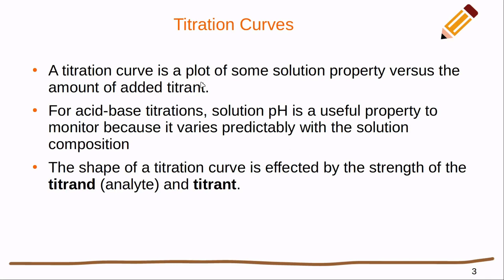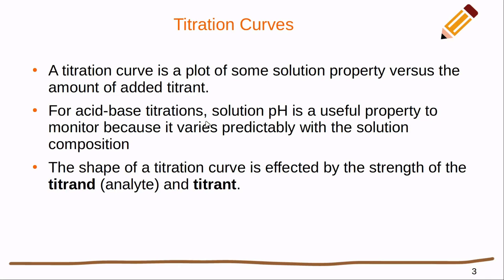So a titration curve is a plot of some solution property versus the amount of added titrant. So we're going to measure some property that allows us to measure the concentration of a system indirectly as we add a titrant.